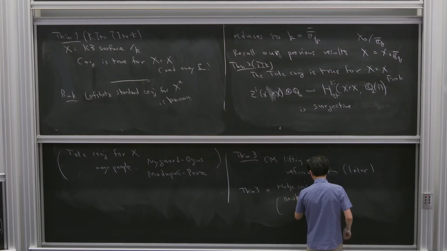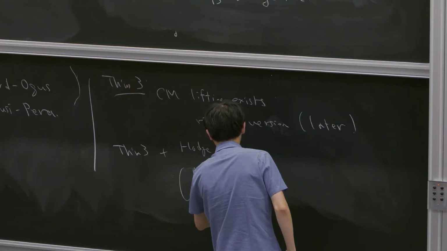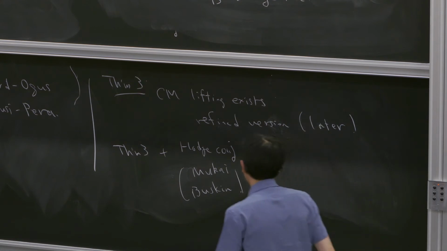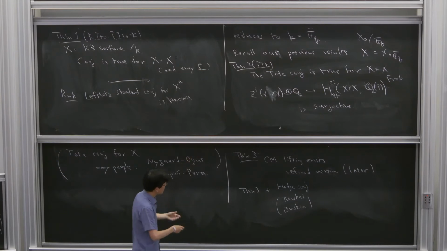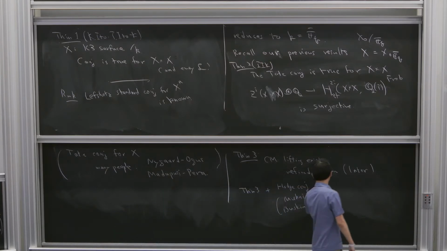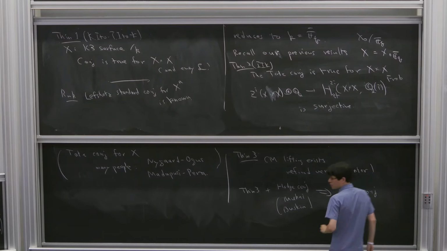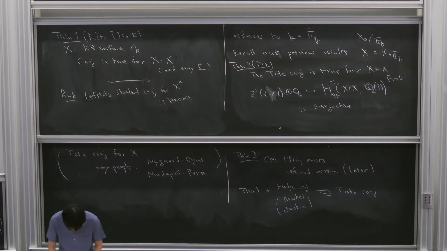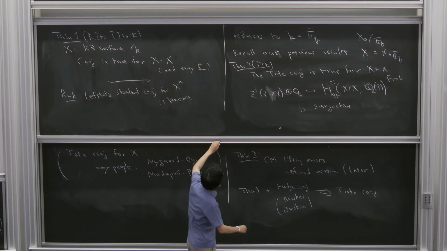He initiated the strategy, and you can find the proof in the paper of Buskin in full generality. So the proof of theorem 2 is: find the lift, apply the Hodge conjecture, find the cycle, then specialize it. Okay? But in this argument, one should be careful.